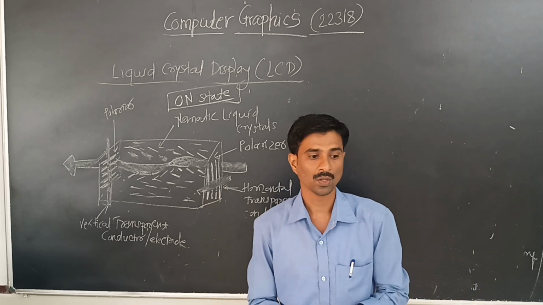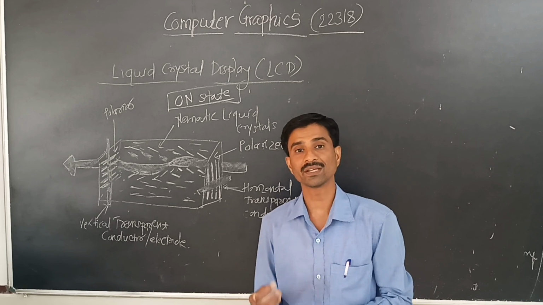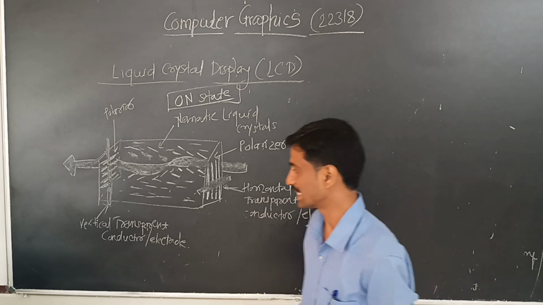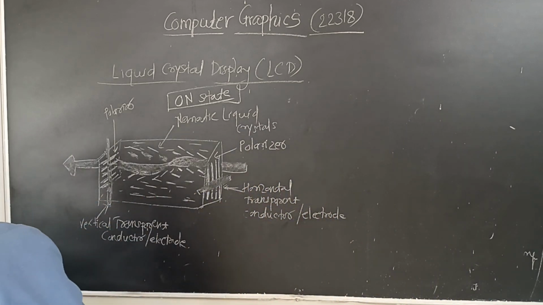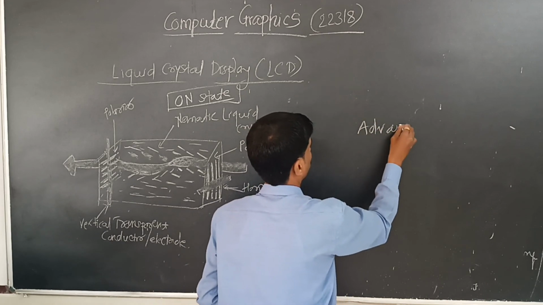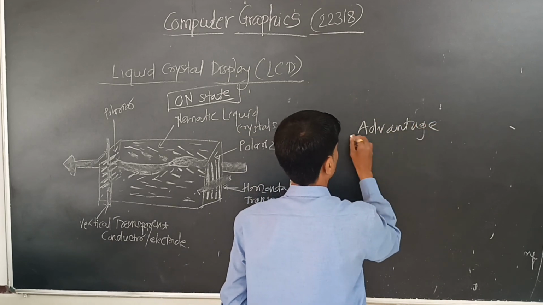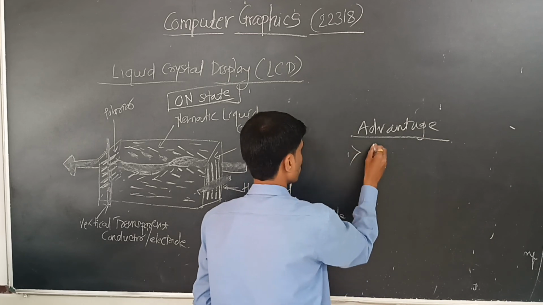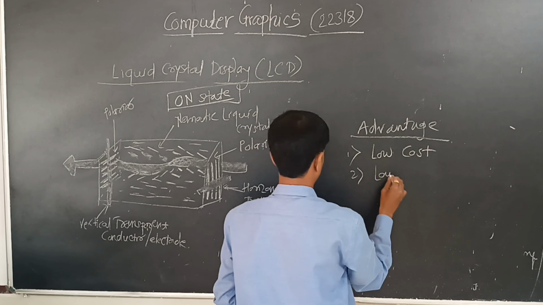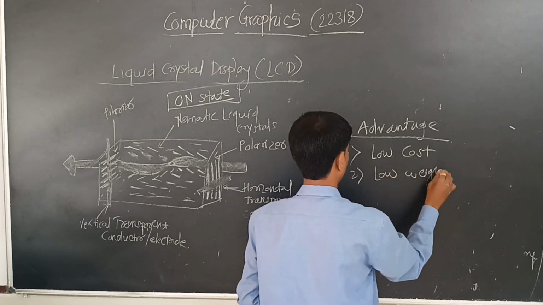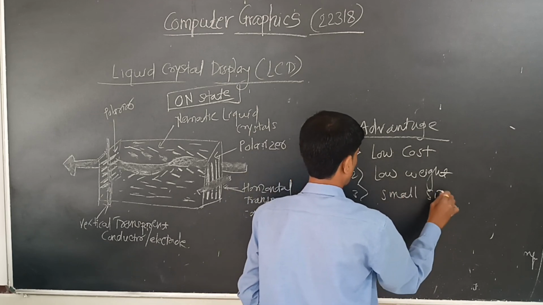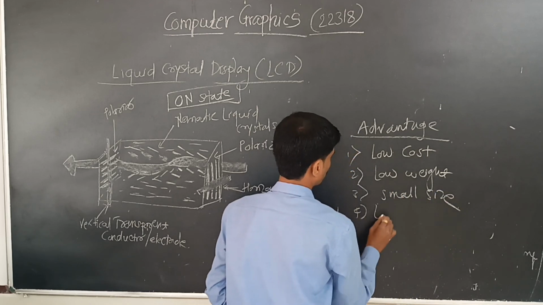So this is the working of a liquid crystal display. Then we can see some advantages of LCD. Advantages: low cost, low weight, small size, low power consumption.